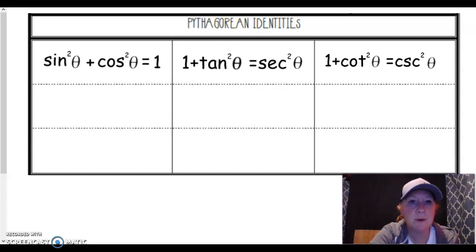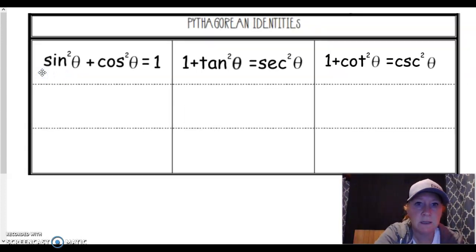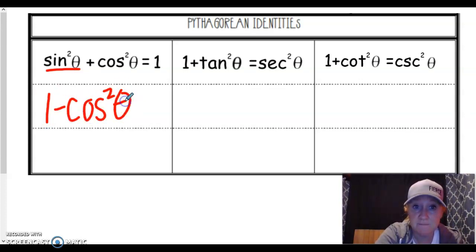But let's think about this. Sine squared plus cosine squared equals 1. What are all of the orders I could put that in? If I go with the sine squared, would you agree with me that 1 minus cosine squared theta equals sine squared theta?